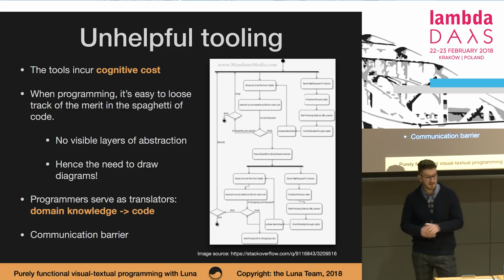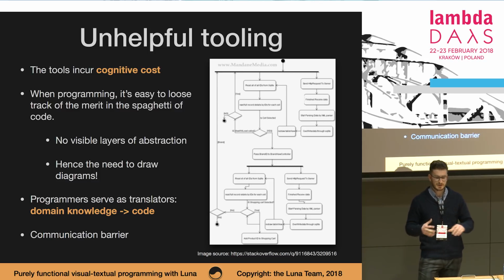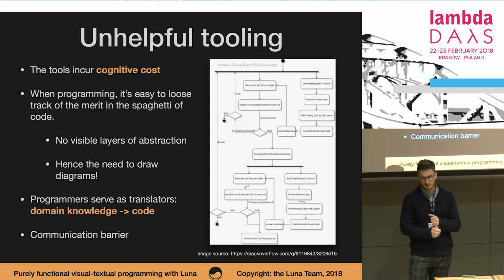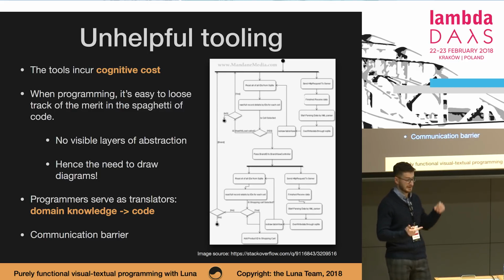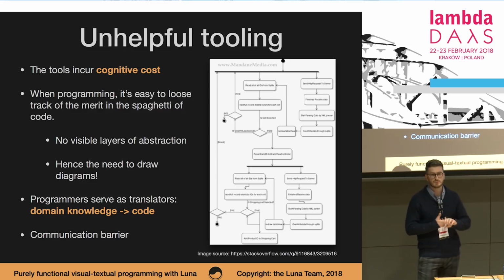But we have this huge communication barrier, because when you think about the operation of a software venture, there's programmers speaking code. There's project people speaking the language of the product. There's business people speaking money. So they cannot really communicate easily, but it's even worse.